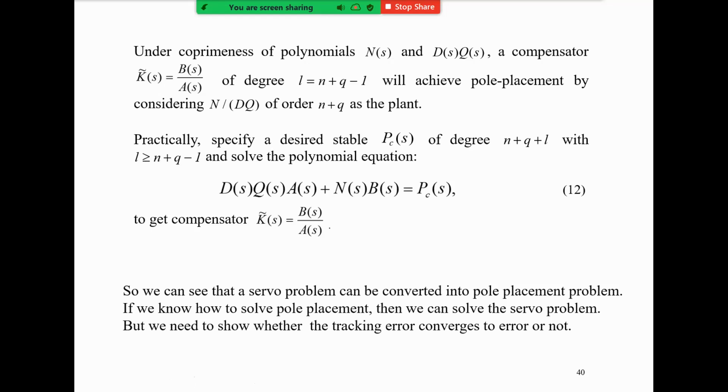So once we find those Q and put it inside the generalized plant, the solution is converted to how to solve the pole placement problem. If we know how to solve the pole placement problem, then we can solve the servo control problem.